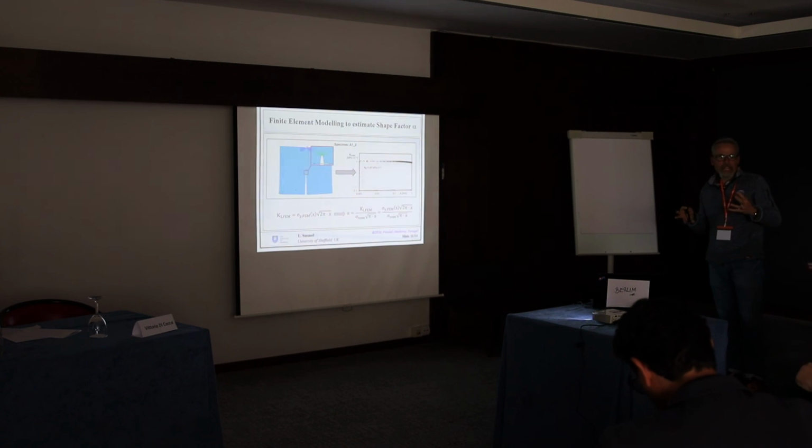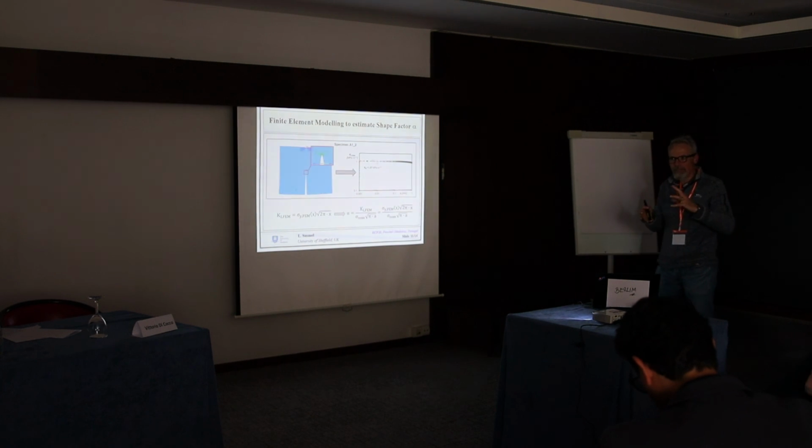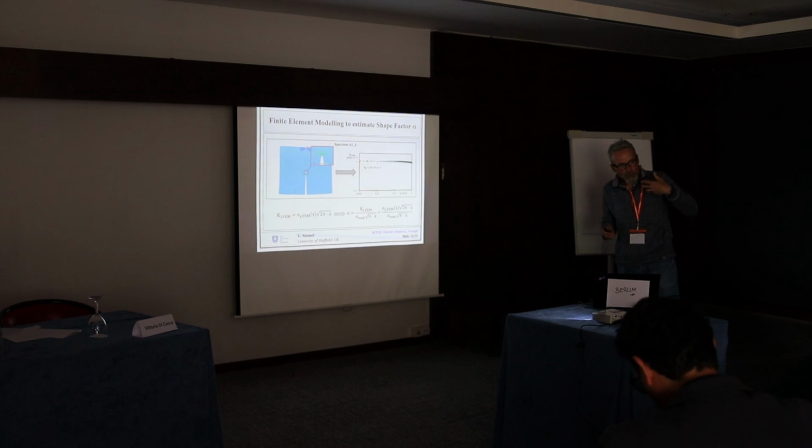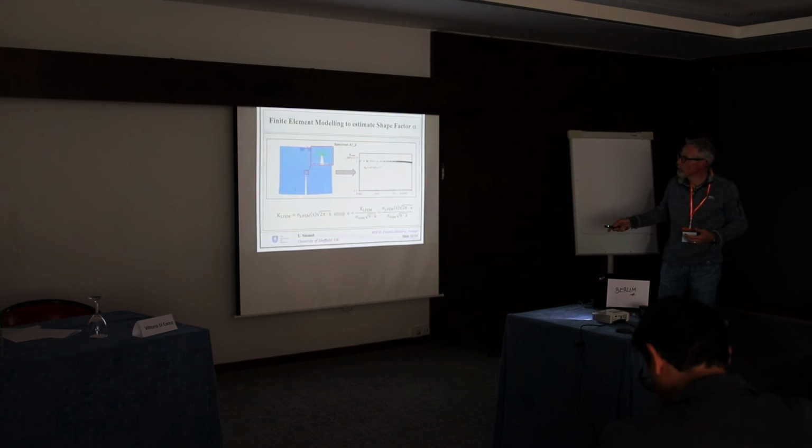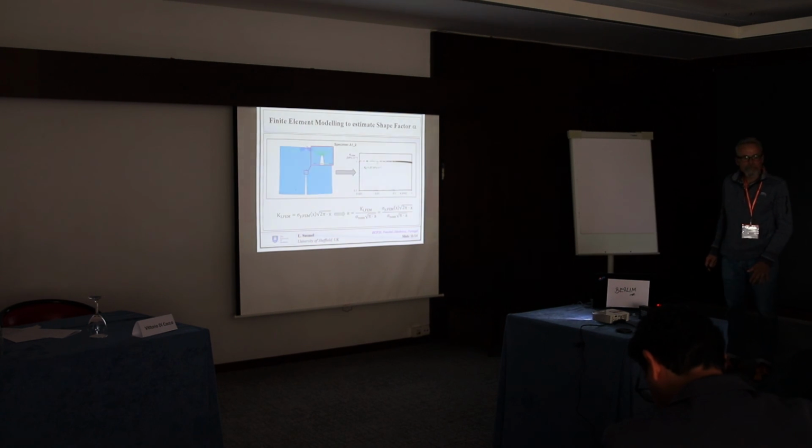But you cannot be very accurate, so you need to simplify the process. This is a big simplification, because we were calculating the shape factors assuming a numerical crack in a two-dimensional body. Clearly it's a simplification.